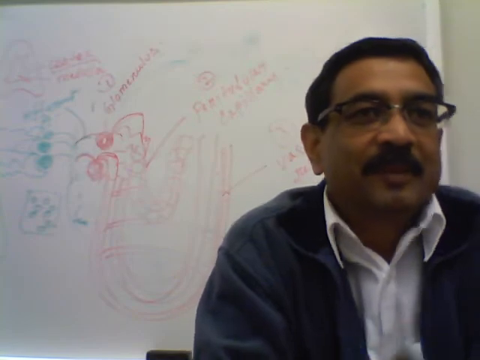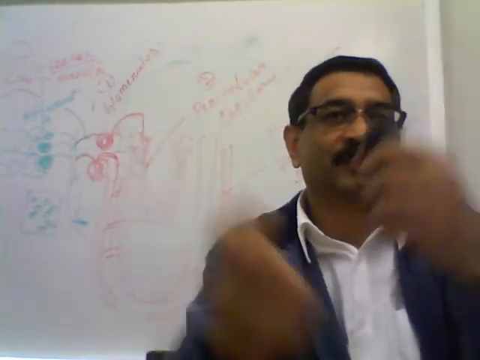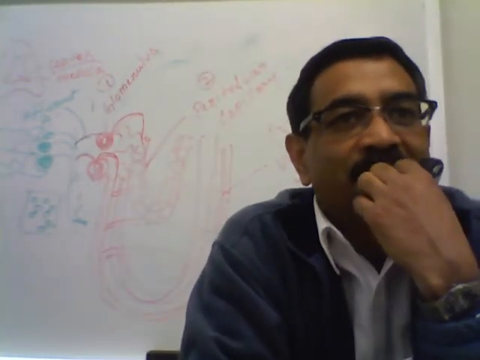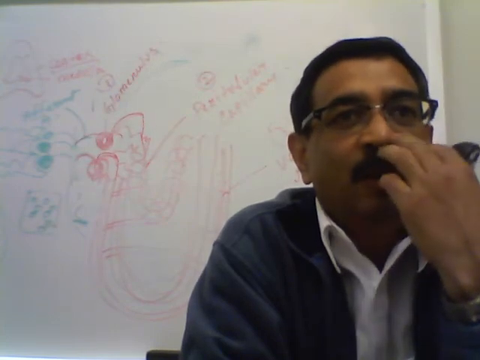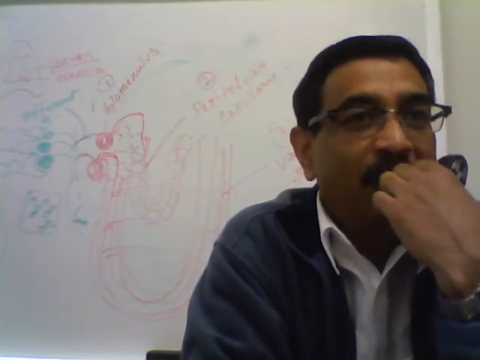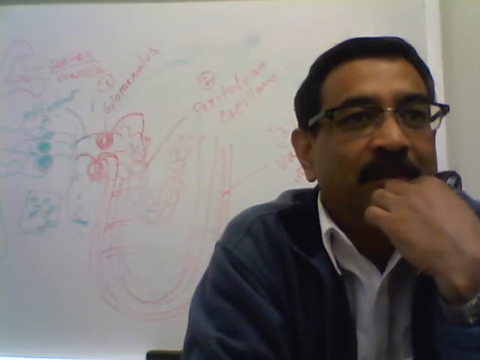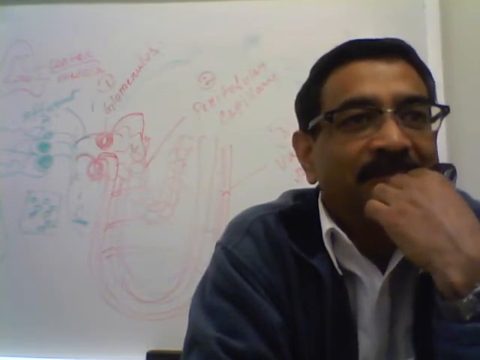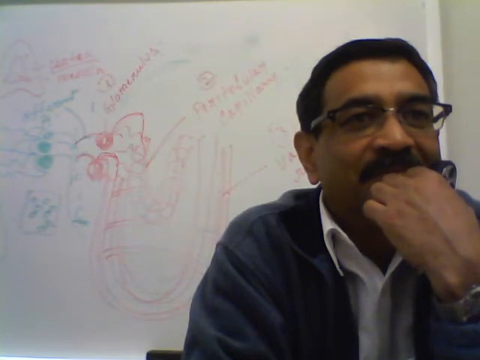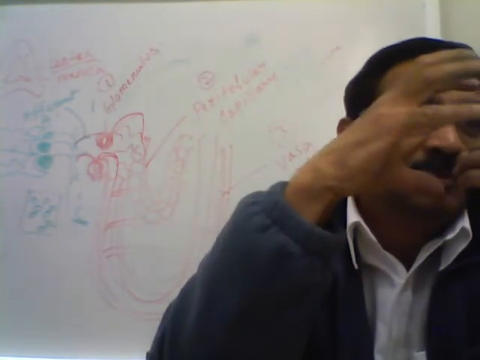Peritubular capillary, the circular. And glomerulus is the ball, the big ball of capillary.